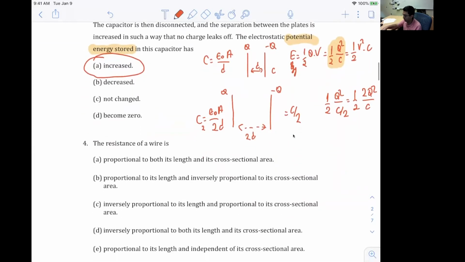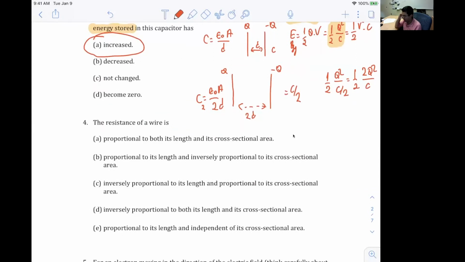For 4, the resistance of a wire is proportional to both its length and cross-sectional area. So it asks about the cross-section and length. The resistance is proportional to the resistivity times length divided by area.